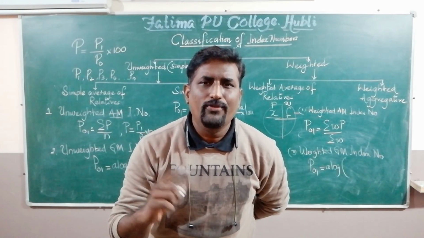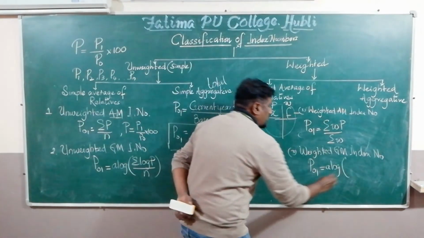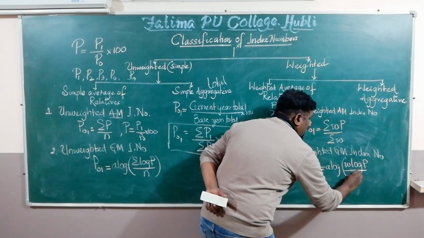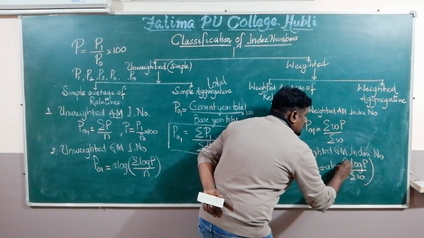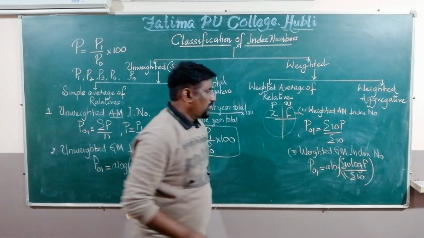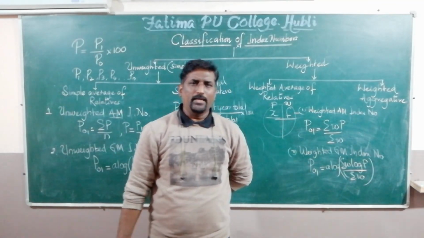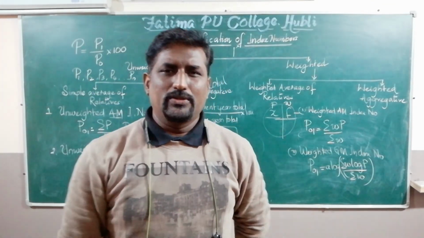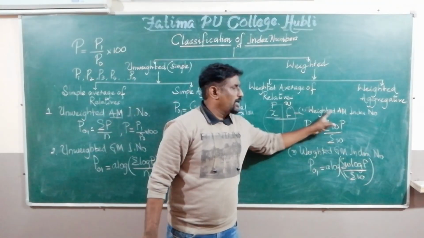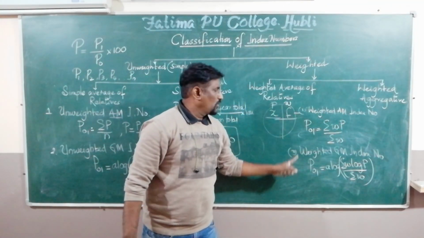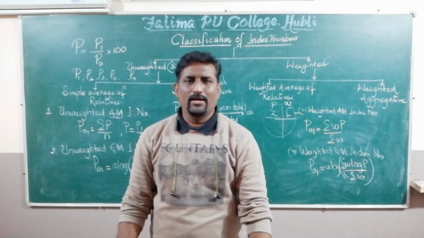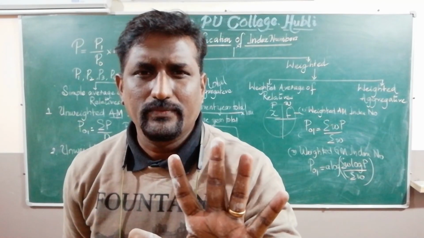Antilog of f log x, but here it will be summation W log P divided by summation W. Correct? Remember, antilog of summation W log P divided by summation W. This is another formula, students. Weighted arithmetic mean index number, weighted geometric mean index number. Now altogether how many formulae have we learned? We have learned 5.